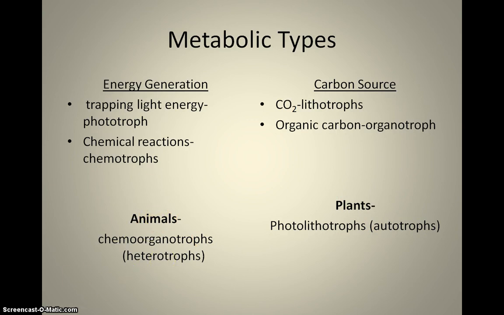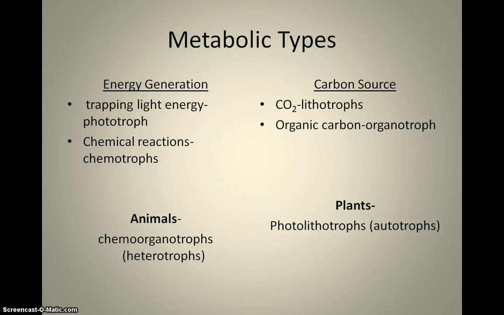But now that we're in microbiology, we're going to talk specifically about the metabolic types of bacteria. Typically, when we talk about a metabolic type, we name it after the way that they generate their energy and where they get their carbon from.